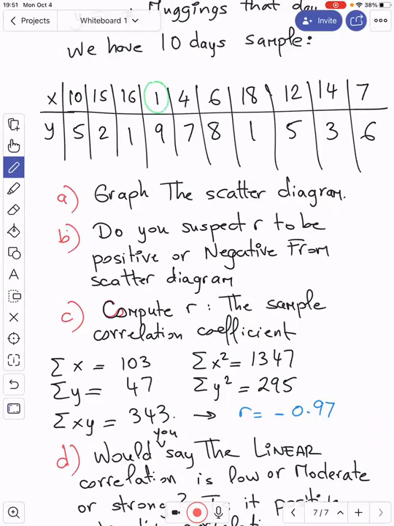And the largest value of x is 18, right? So when you draw your x-axis, you're going to need numbers from 1 to 18, right?